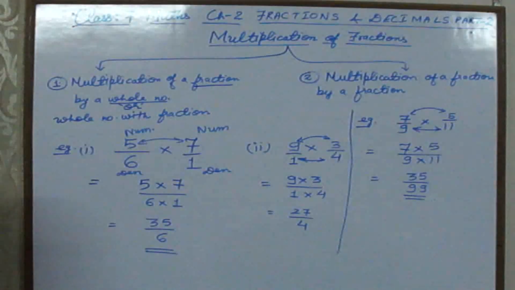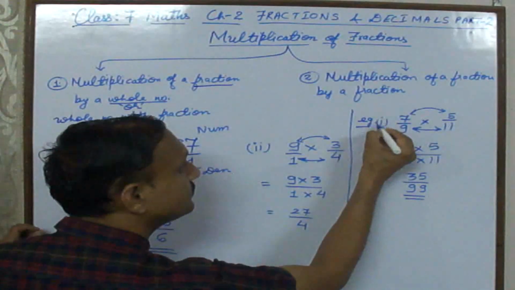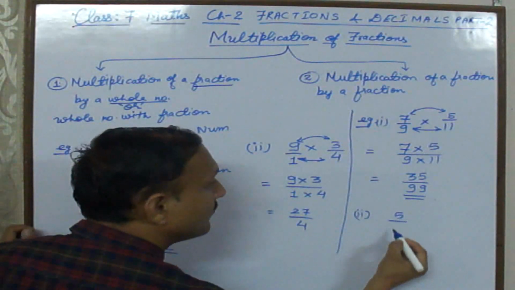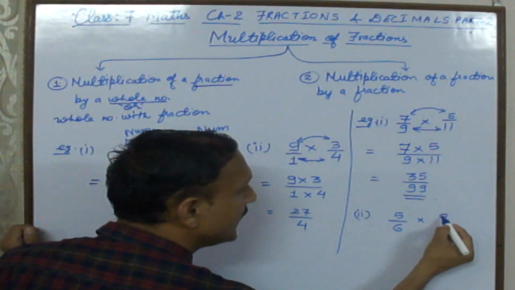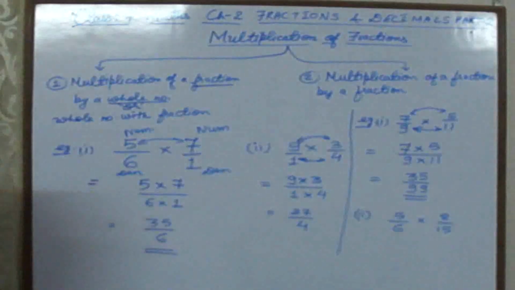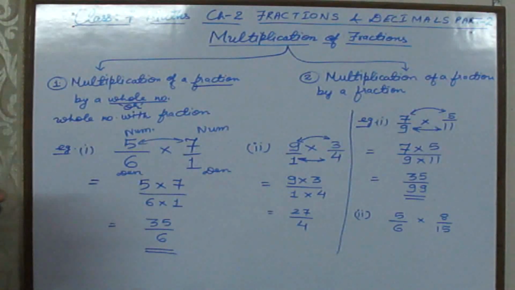Now let us take another example: 5 by 6 multiplied by one more fraction, 8 by 15. If it is possible to simplify first, then you can multiply.